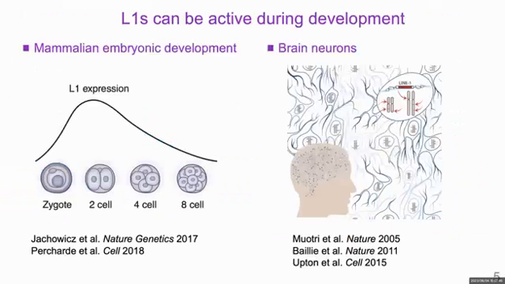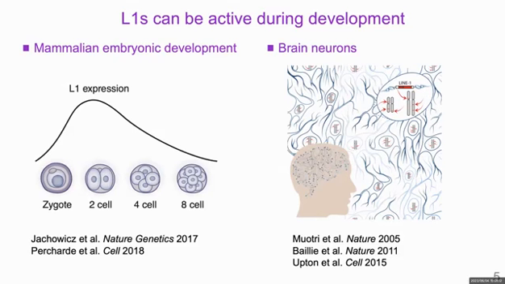Interestingly, Line 1 can also be active during development. For example, in mammalian embryonic development, Line 1 is active at the 2-cell stage in mouse embryonic development. And when people use genome editing methods to disrupt Line 1 expression, they find that embryonic development can be arrested.